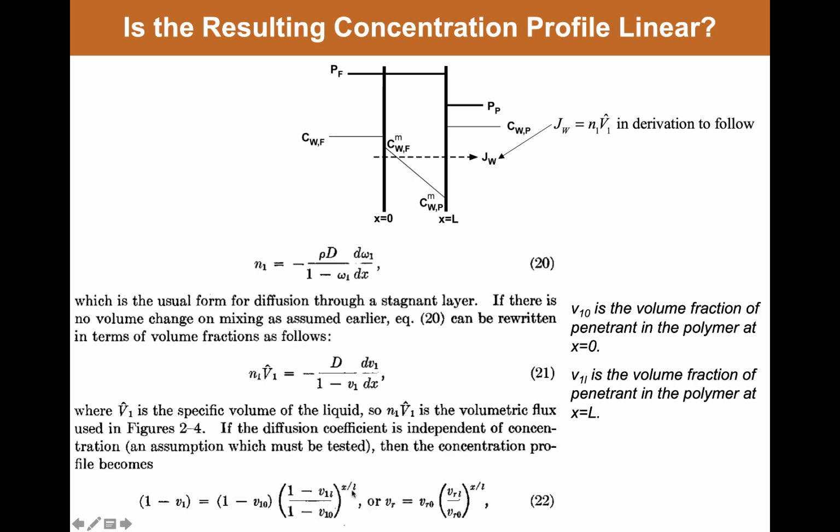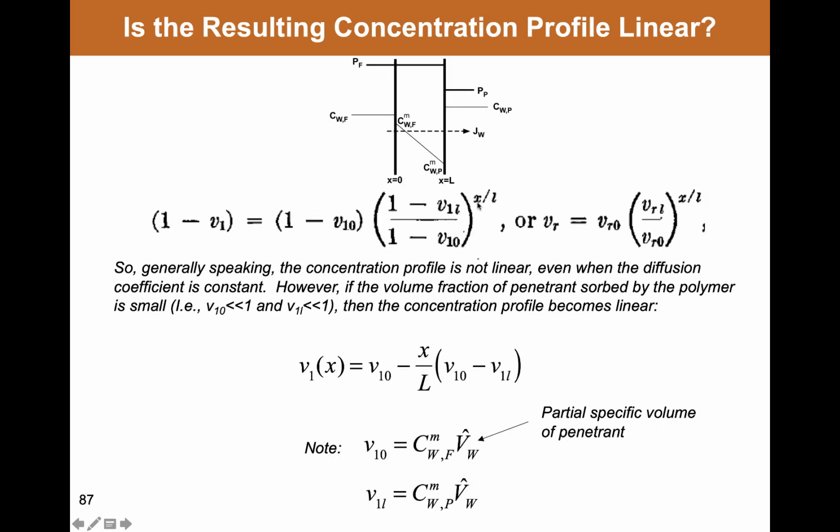It turns out that it's not strictly linear, but if the volume fraction of the penetrant that is absorbed by the polymer is small, then you can expand this term in a Taylor series, and the concentration profile is in fact linear when the amount of penetrant uptake is small.